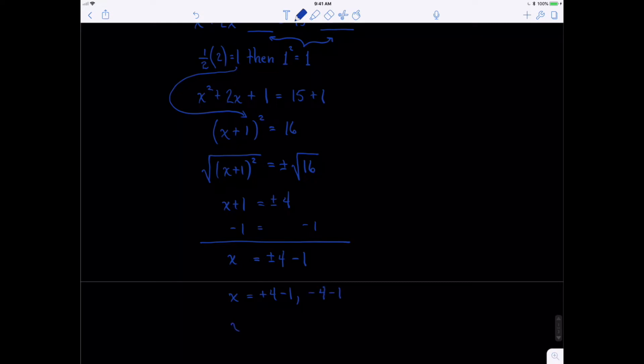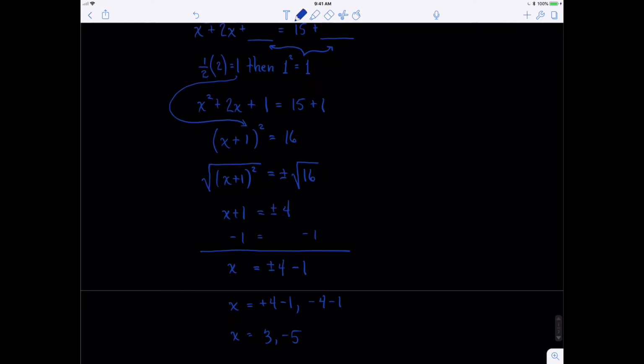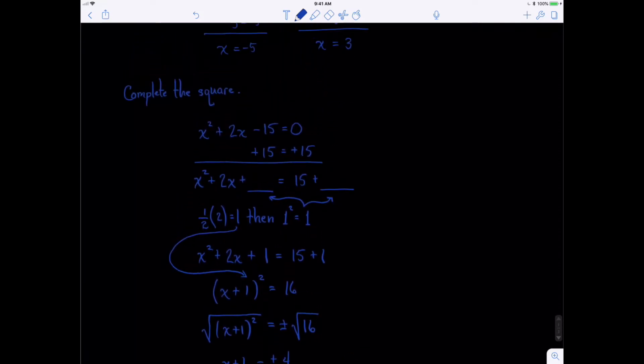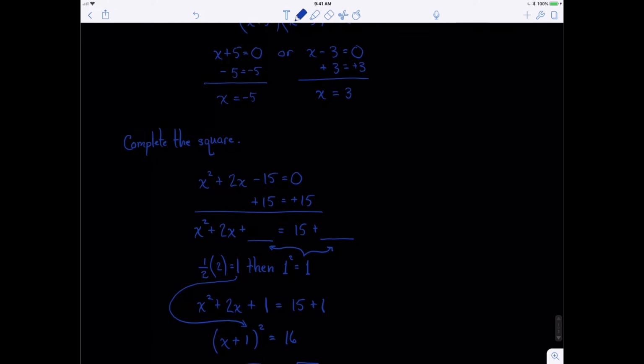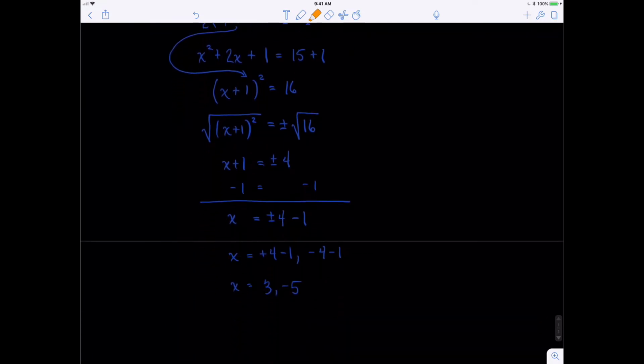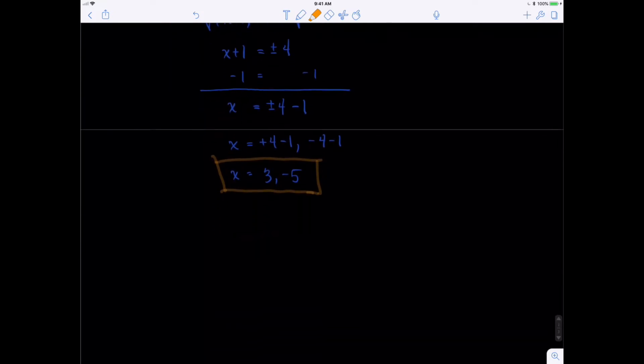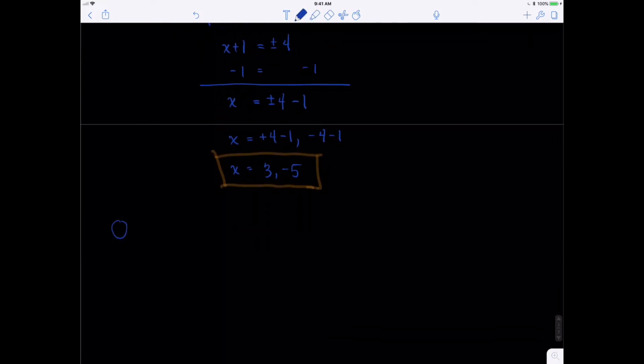We can clean that up. 4 minus 1 is 3, and minus 4 minus 1 is minus 5. Notice that our answer here, negative 5 and 3, is the same answer that we got by factoring. Now, let's try it one more time, and this time we're going to use the quadratic formula.